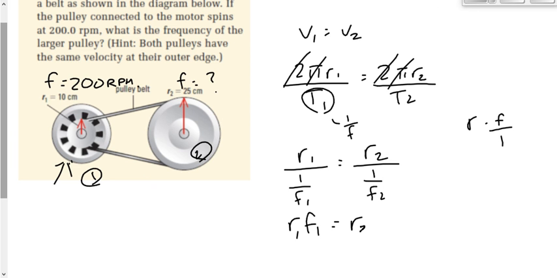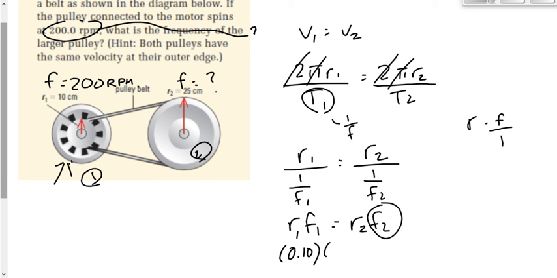Do it on the other side as well. It becomes R2 times F2. All right, now it becomes easier, right? R1 is 0.10. F1 is 200. Oh, wait, almost made a mistake there. 200 RPMs. What should that be in hertz?